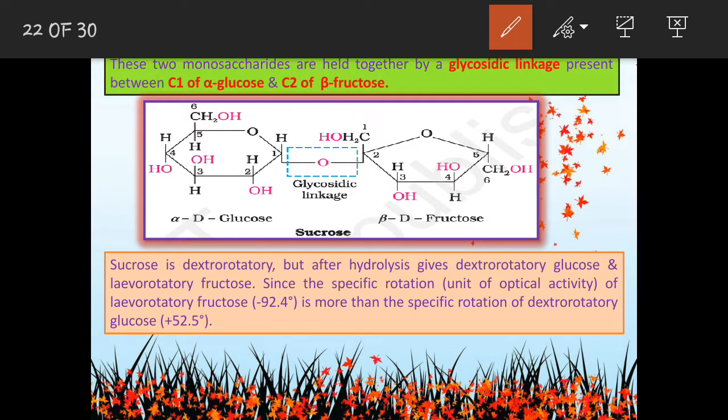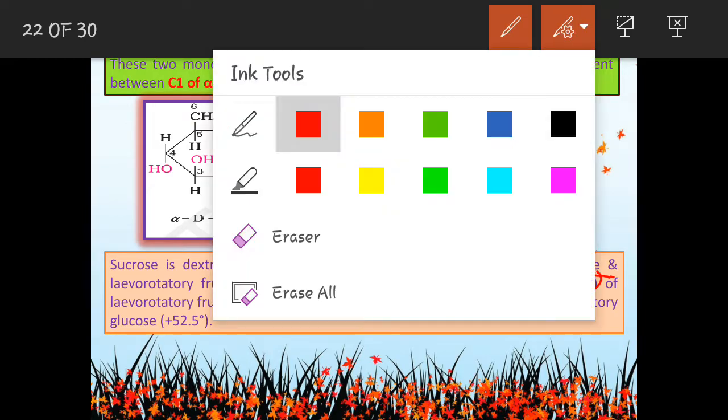Since the specific rotation, what is specific rotation? It is the unit of optical activity. Optical activity is measured in the form of specific rotation, and specific rotation is the angle of rotation of light by the molecule.